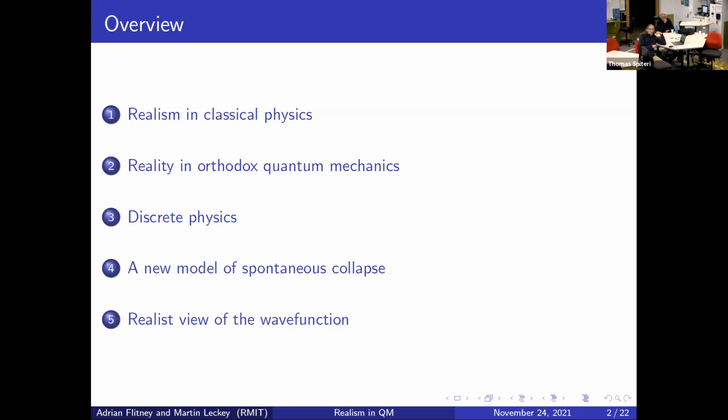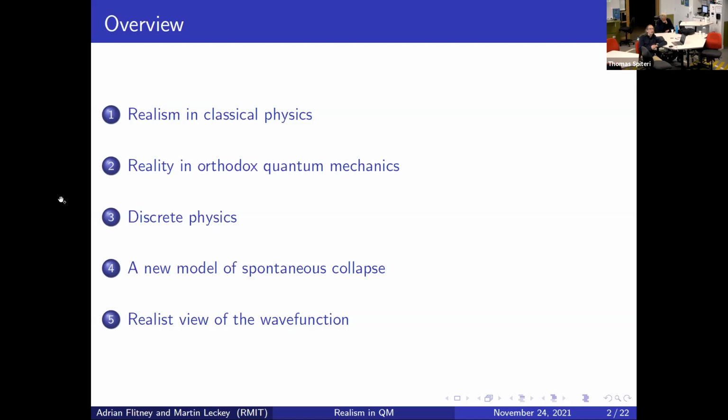Then I'll do a little diversion into discrete physics, and that will lead us onto this model of spontaneous collapse of the wave function, and then we'll see how that leads to a realist view of the wave function.